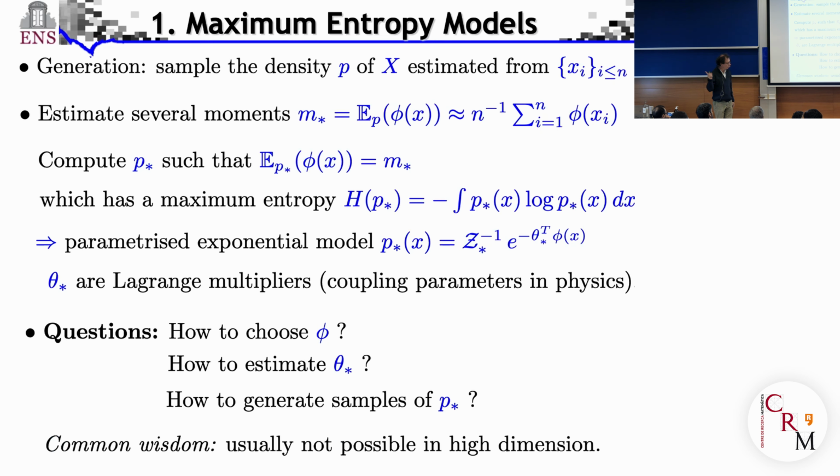Now, that relates to the problem that was mentioned by Joan yesterday. Essentially, the common wisdom until now was you can't do this in very high dimension if your Gibbs energy is not convex, because it will go through an optimization of a non-convex problem that will take a huge amount of time.